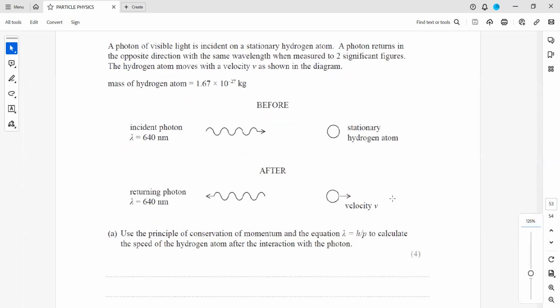A photon returns in the opposite direction with the same wavelength, when measured to two significant figures. The hydrogen atom moves with a velocity v. Use the principle of conservation of momentum and the equation lambda equals h over p. Calculate the speed of hydrogen after the interaction with the photon. So this refers to a Compton effect, when a photon interacts with a particle.